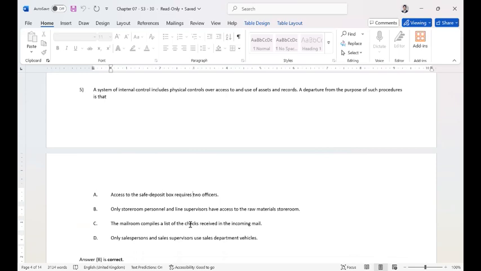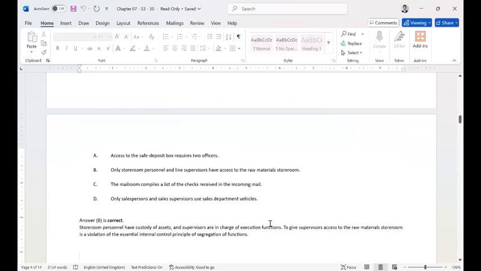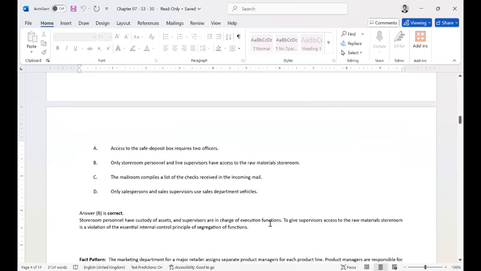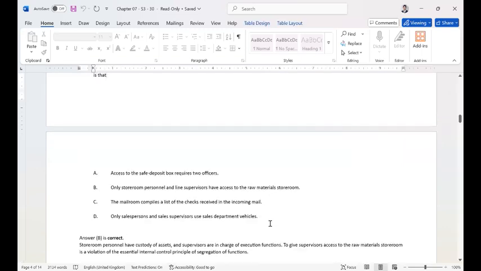Only storeroom personnel have access to the raw material storeroom. The mailroom compiles a list of checks received. Storeroom personnel have custody of assets. Allowing the supervisor access to the raw material stores is a violation.